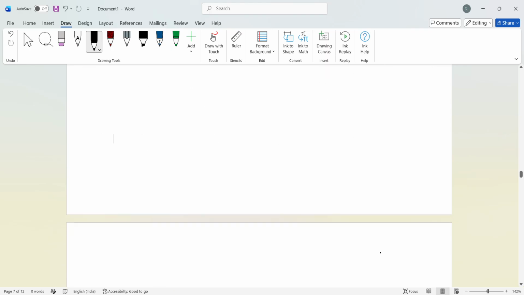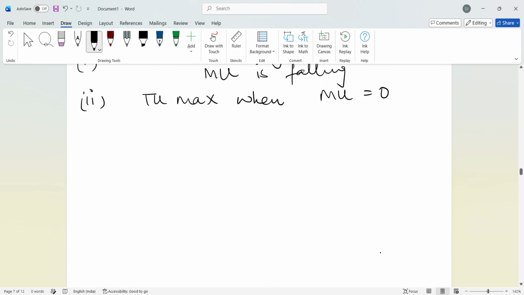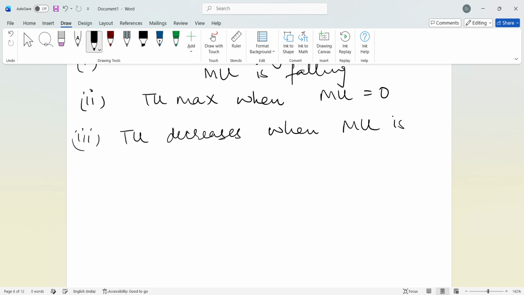All right. And the third one, TU decreases when marginal utility is negative.